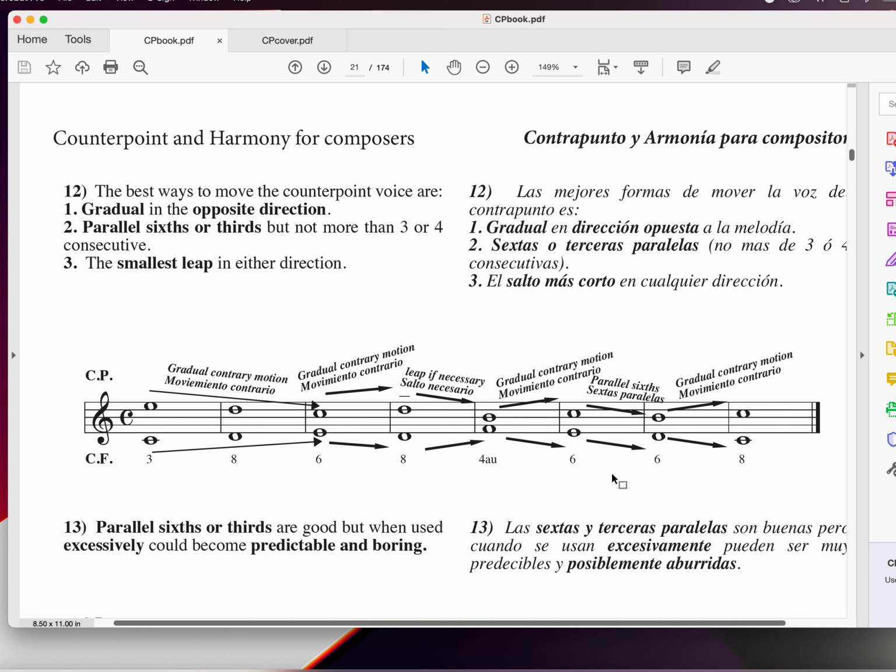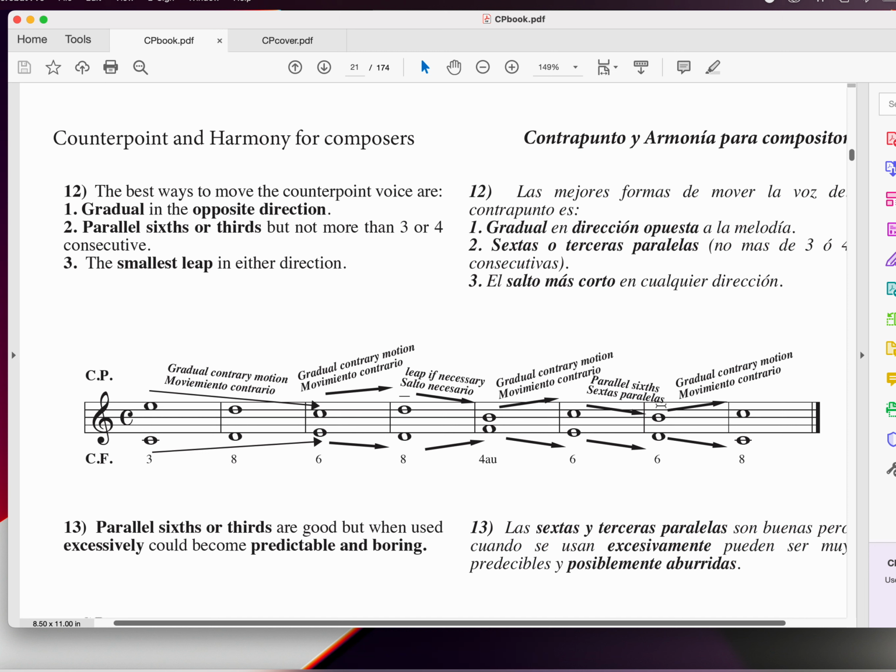Anyway, you go to the augmented fourth or diminished fifth, you will be okay from any interval, as long as you resolve it as we explained a little bit before. The F goes to the E, the B goes to the C.